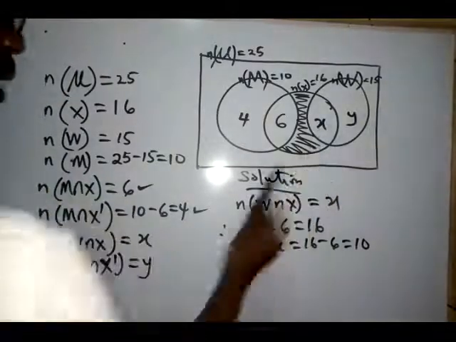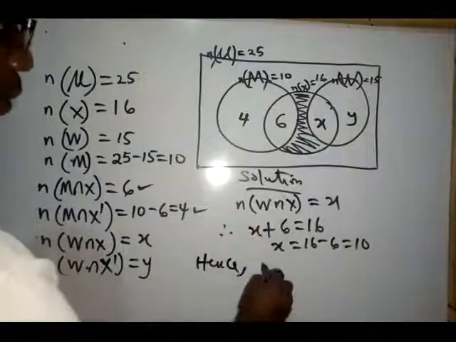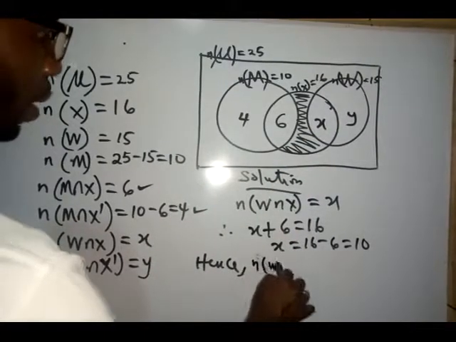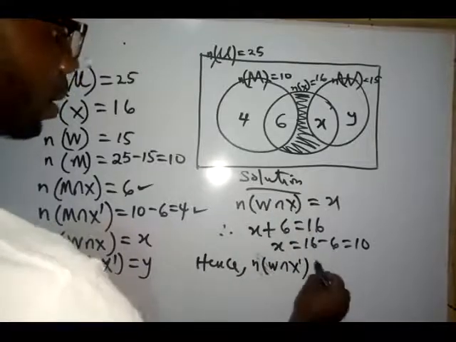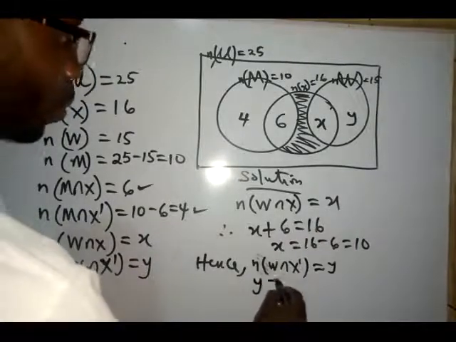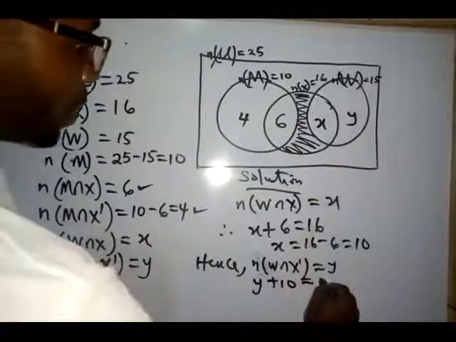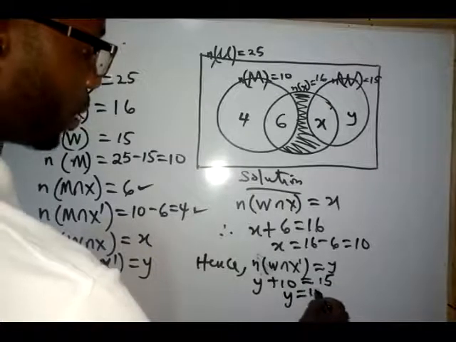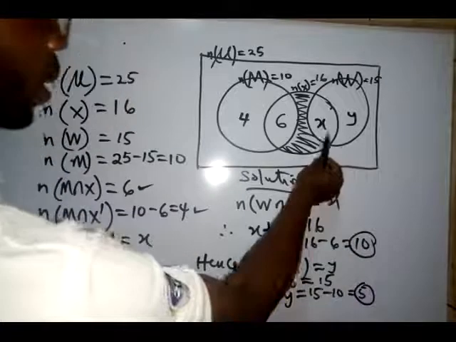Hence, the Y I'm looking for, which is the number of women that are not married, by calculation will be Y plus the X that we calculated, that is 10. We are supposed to have 15 as our answer. So that will make my Y equal to 15 minus 10, which gives us 5. So this is 10 and this is 5.